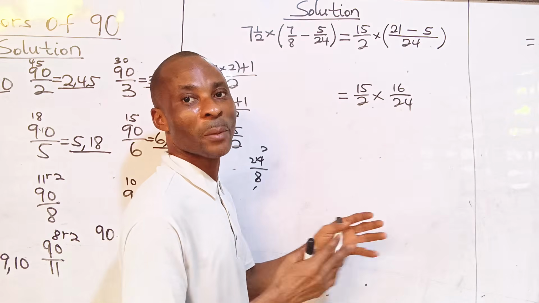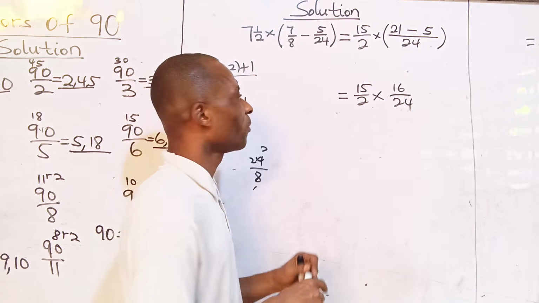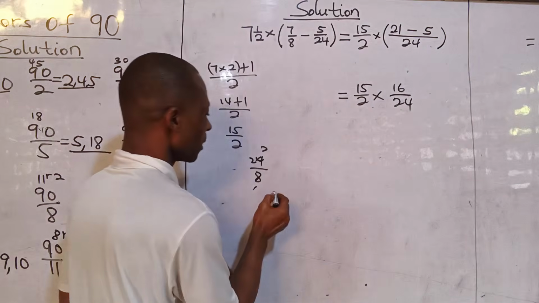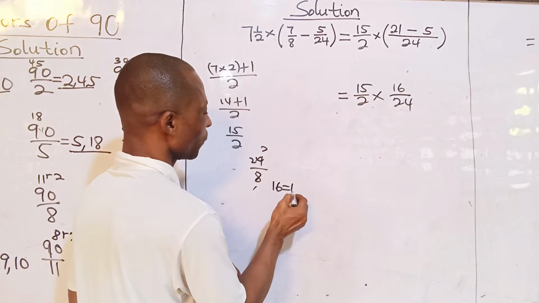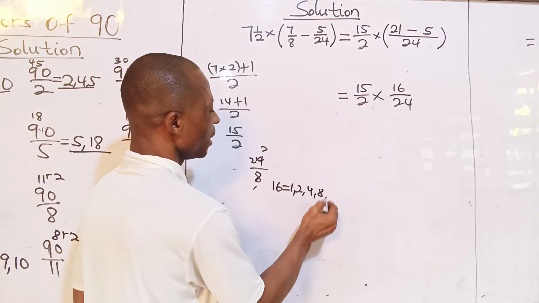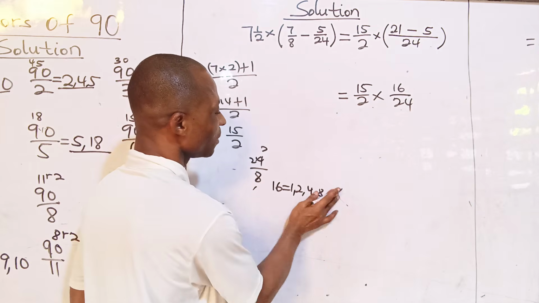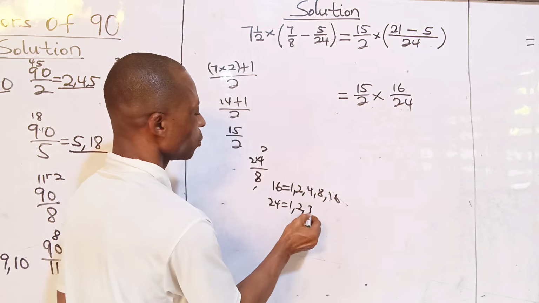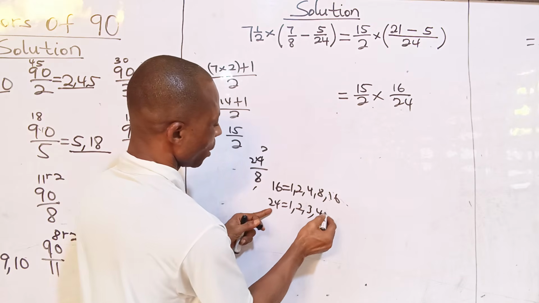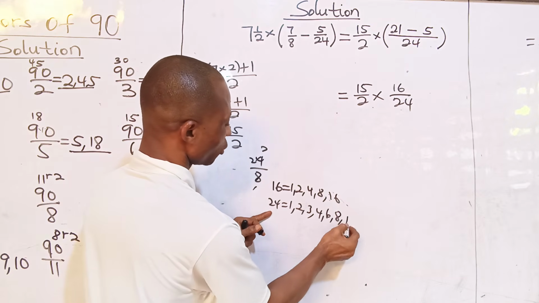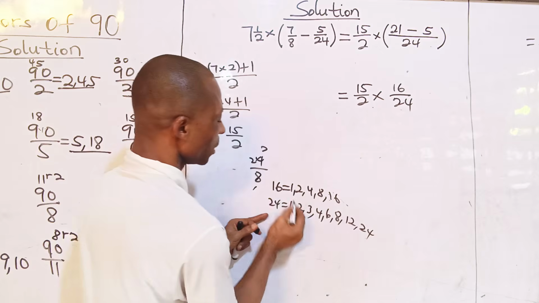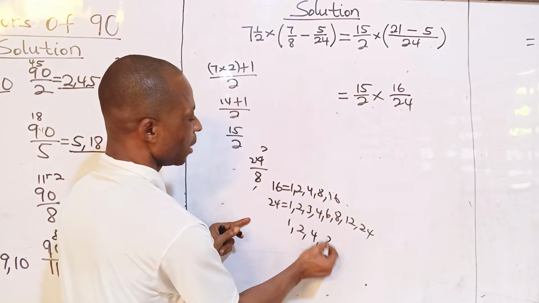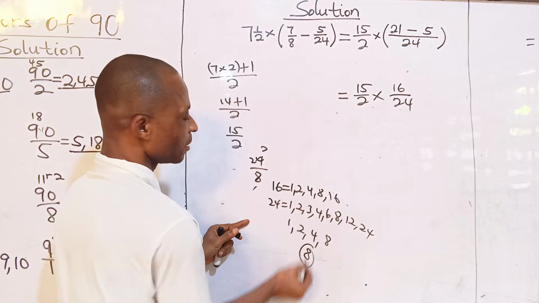Between 16 and 24, the factors of 16 are 1, 2, 4, 8, and 16. Factors of 24 are 1, 2, 3, 4, 6, 8, 12, and 24. The common factors are 1, 2, 4, 8. The highest common factor is 8.